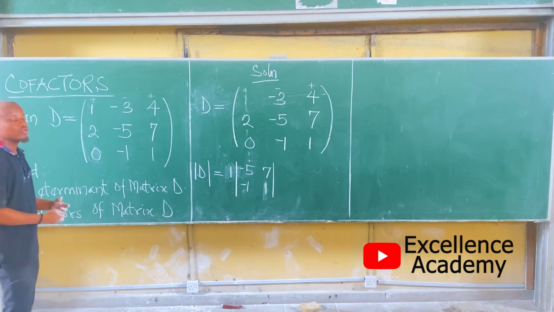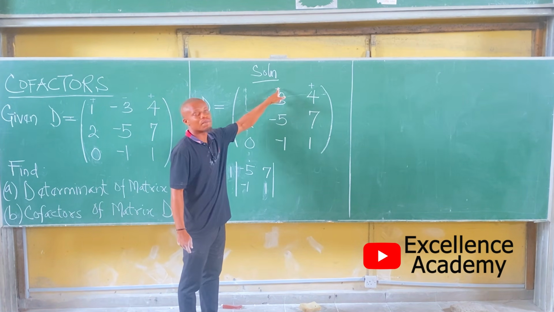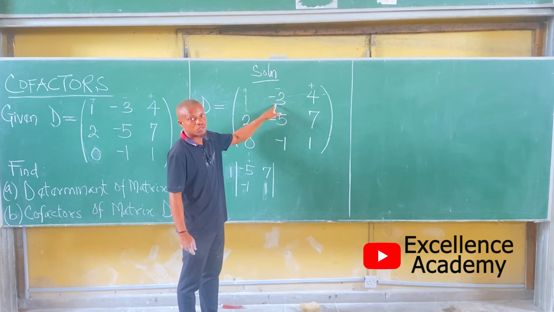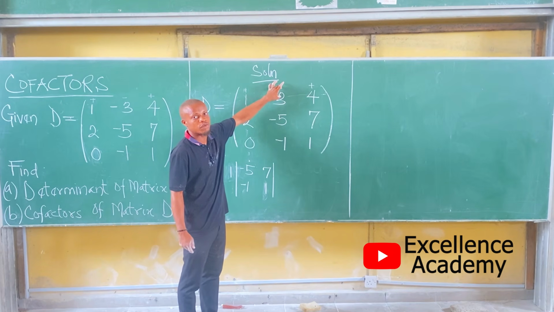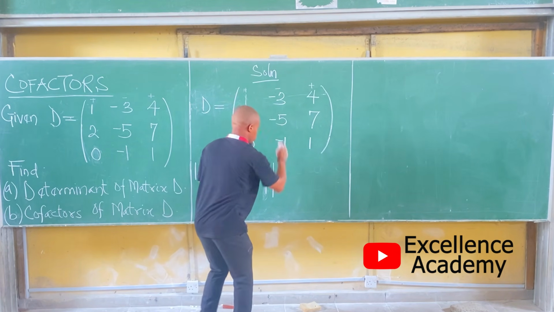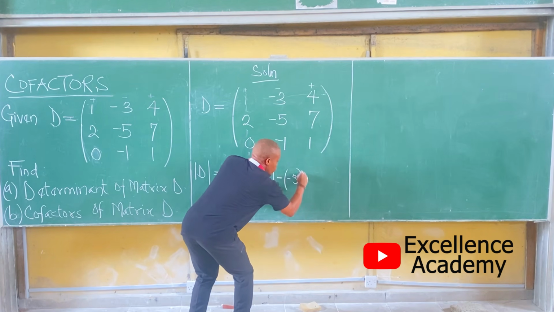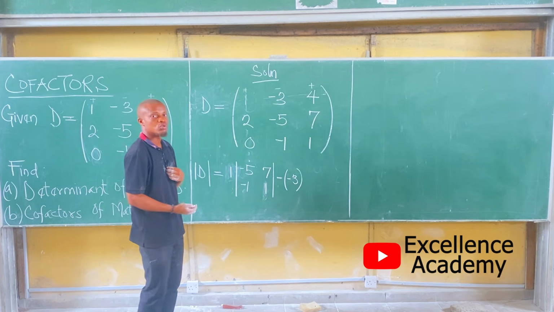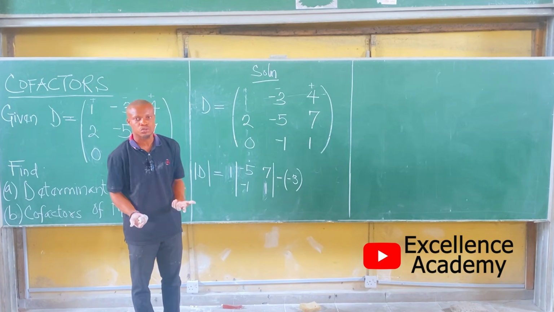We do the same thing for the next element there. My next element is a minus, minus 3. Please be careful. Don't just pick your minus 3 and forget your sign convention. So I'm having a minus, minus 3. Create a 2 by 2 matrix. How do you create a 2 by 2 matrix?